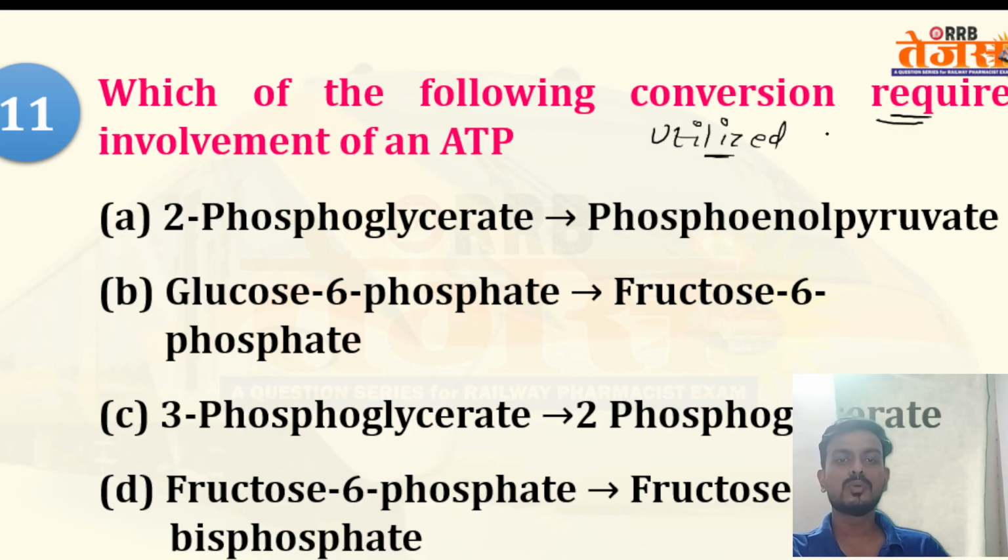Options are 2-phosphoglycerate to phosphoenol pyruvate, glucose 6-phosphate to fructose 6-phosphate, 3-phosphoglycerate to 2-phosphoglycerate, or fructose 6-phosphate to fructose 1,6-bisphosphate. The right option is fructose 6-phosphate to fructose 1,6-bisphosphate.